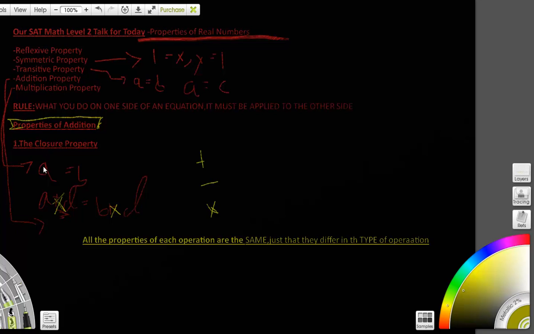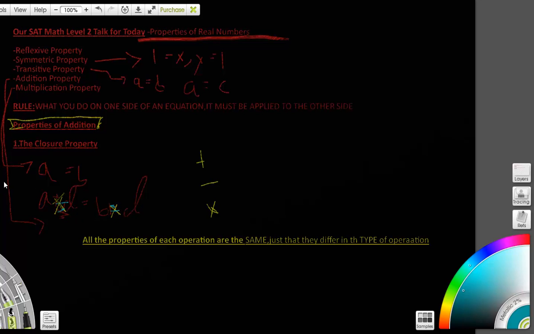So maybe in the properties of division, instead of a multiplication sign, we would have a division sign. So let me use a pencil marking here, and we have a division sign here.